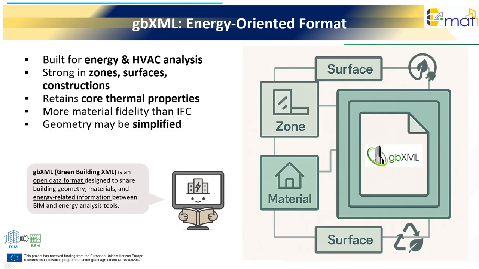Its structure makes it easier for BEM tools to read and interpret thermal assemblies. The trade-off is that GBXML may simplify geometry to match energy modeling conventions. However, for material fidelity, it is usually the more reliable of the two primary export paths.